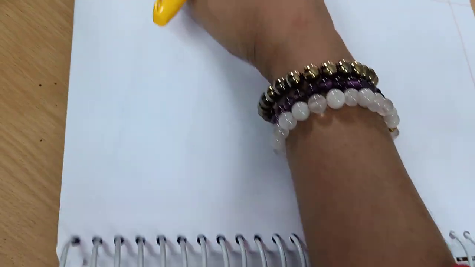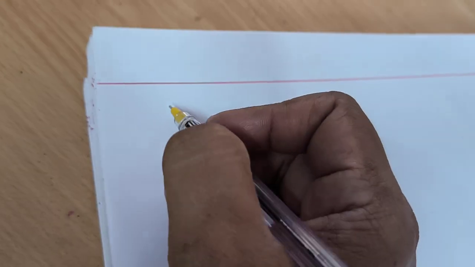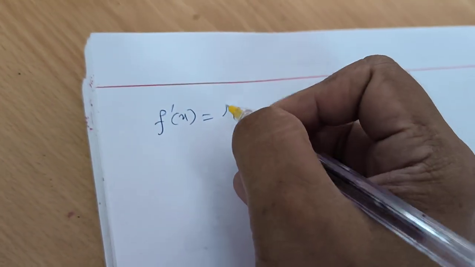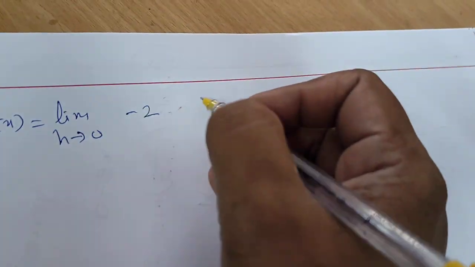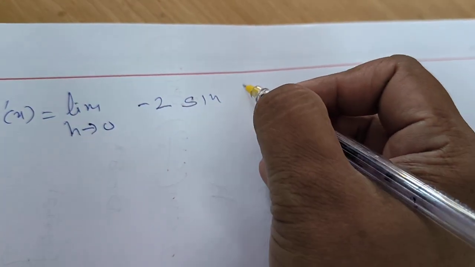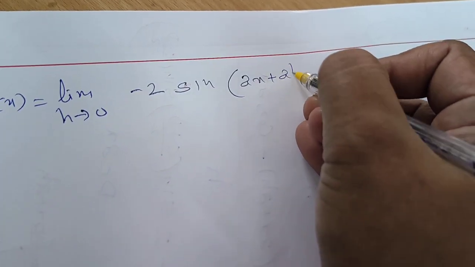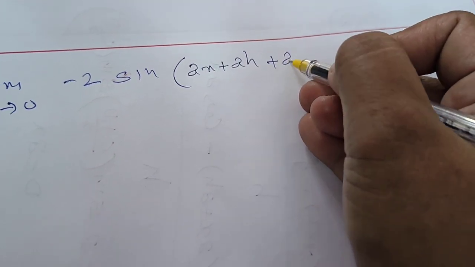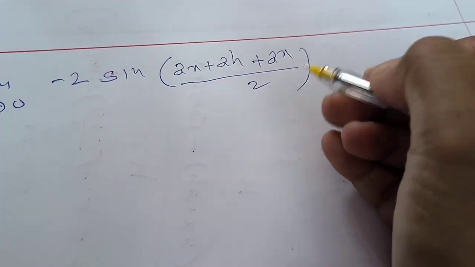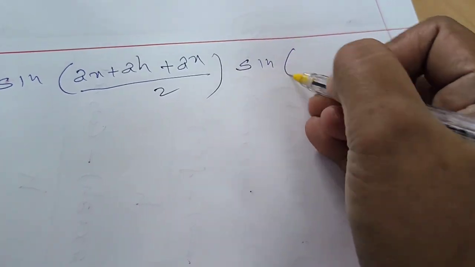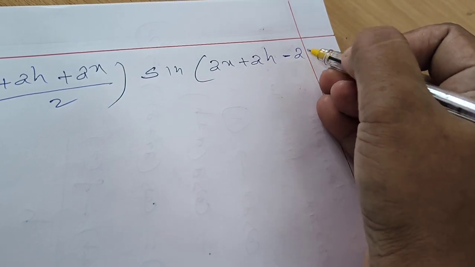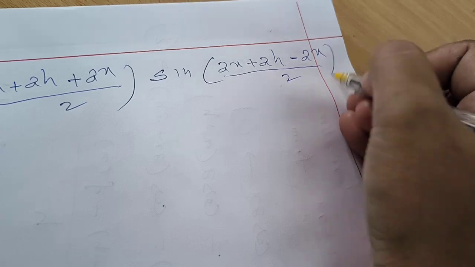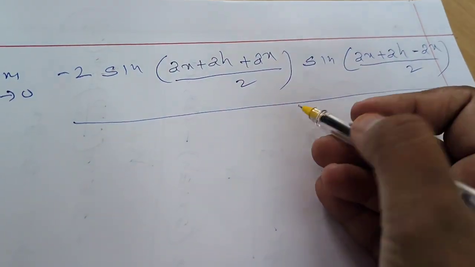Here we get f dash of x is equal to limit h tends to 0 of minus 2 sin of (c plus d) by 2, means (ax plus ah plus ax) by 2, into sin of (c minus d) by 2, means (ax plus ah minus ax) divided by 2, whole divided by h.